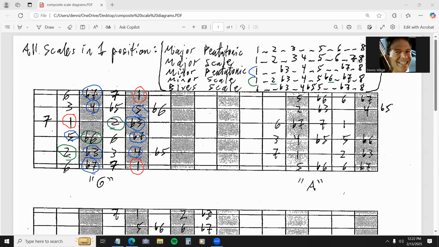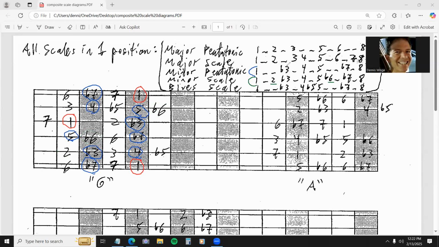So all the twos and the flat sixes are here. And then now, did I circle everything I was supposed to? Now you've got 1, 2, flat 3, 4, 5, flat 6, flat 7, 1. And that's not a big deal because it's only two extra notes from the minor pentatonic.